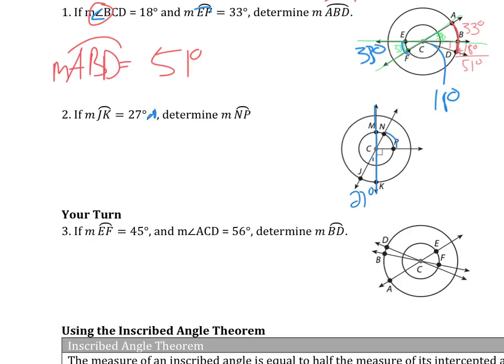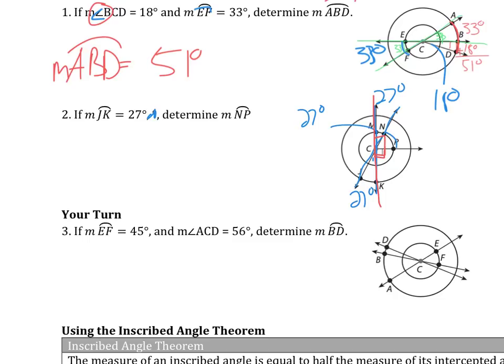And then since those are vertical angles, I get 27 degrees there, which means my arc here is also 27 degrees. Another big thing they give us here is they tell us that that's a right angle. And since we know that MK is a line, so if that's 90, that side also has to be 90.